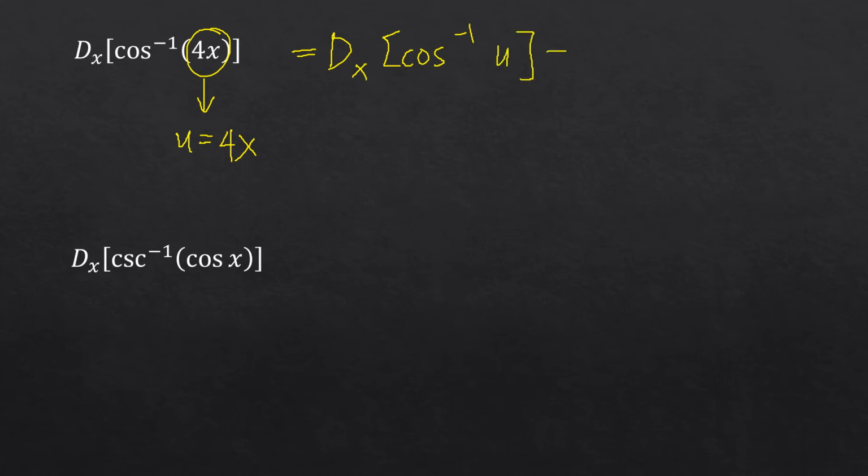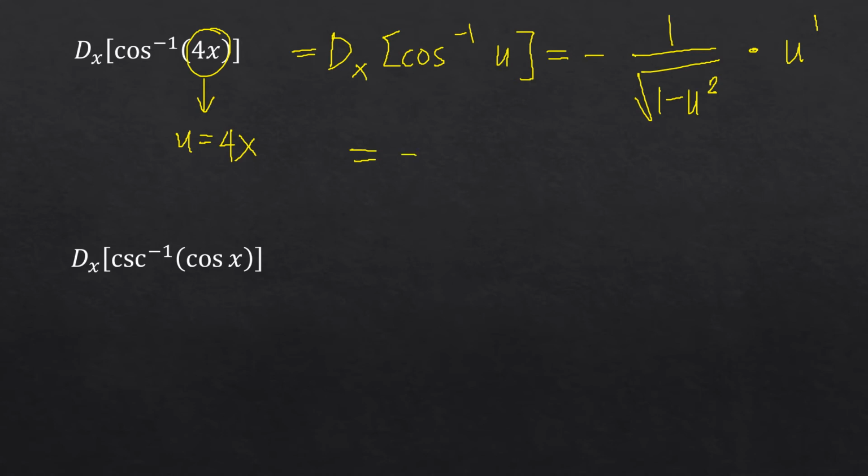So let's have the example. Let's say you're going to get the derivative of inverse cosine of 4x here. Let u be equal to 4x. So the derivative of arc cosine of u is equal to negative, because it's cosine, 1 over square root of 1 minus u squared, that is in the formula, times the derivative of u. So we replace u with 4x now.